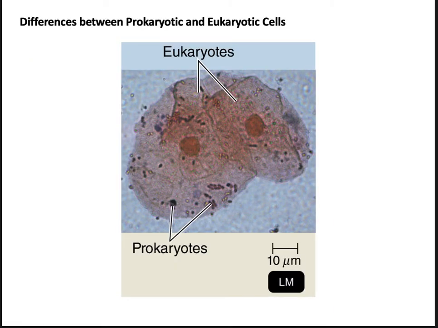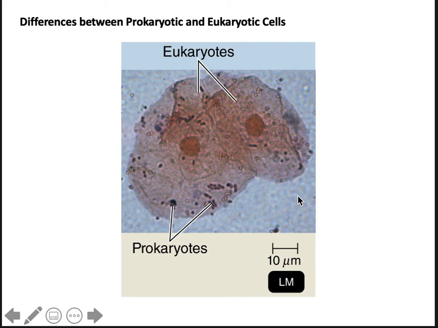All right. So this is the picture I was telling you about where we can compare eukaryotes and prokaryotes. The difference in size is huge. So this is one cheek cell, so it's a eukaryotic cell, and this is its nucleus. Whereas all these little purple dots that you're seeing, those are bacteria, prokaryotes. See how tiny the entire cell is, just a dot smaller than the nucleus of the eukaryotic cell.